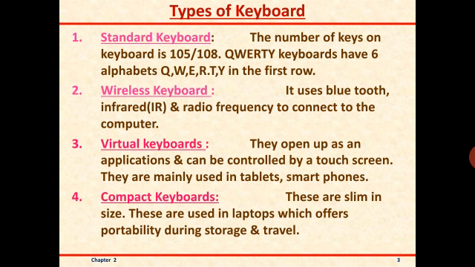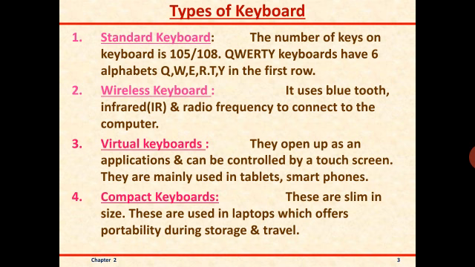For that purpose the small keyboards are being used in this compact keyboard. So these are the four different categories of keyboard. So students, now you have learnt what is input device. Also, example of input device, first example is keyboard.